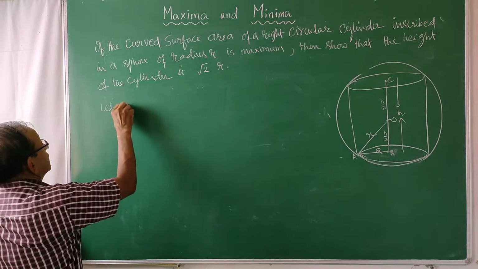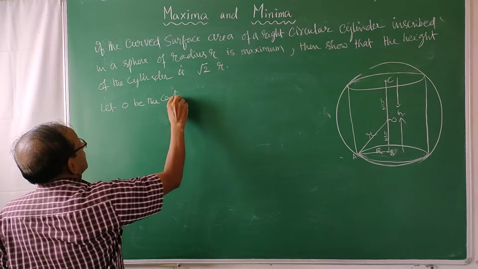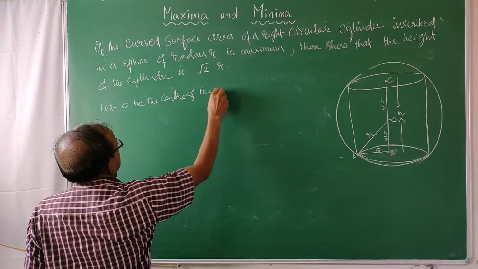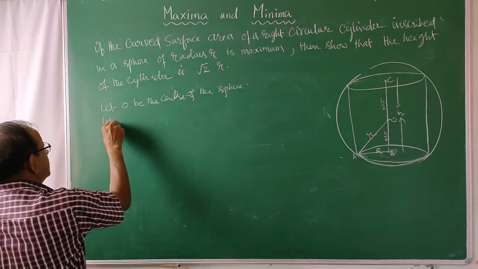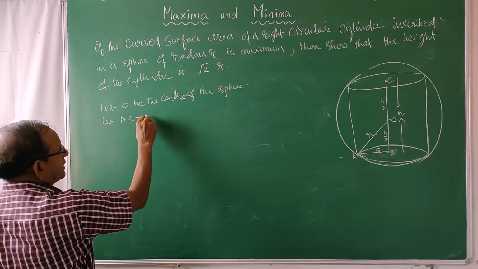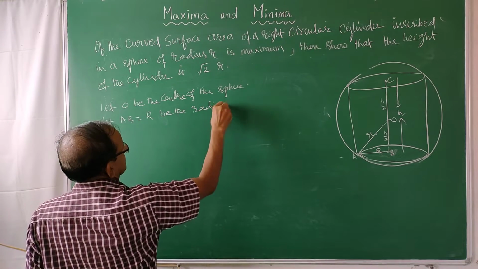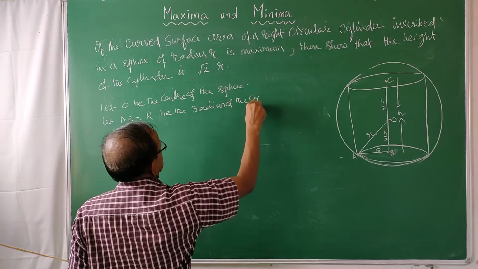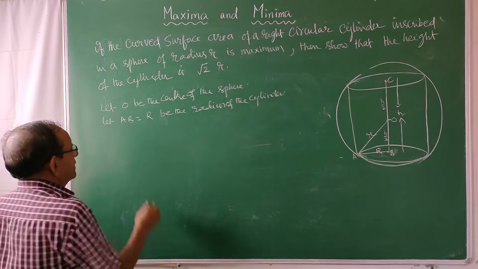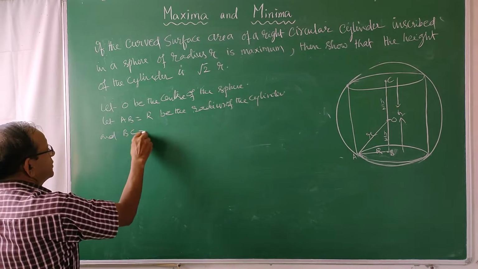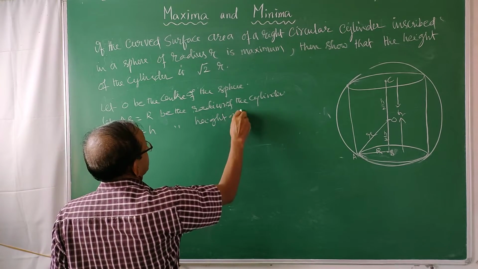Let AB is equal to big R be the radius of the cylinder, and BC is equal to H be the height of the cylinder.